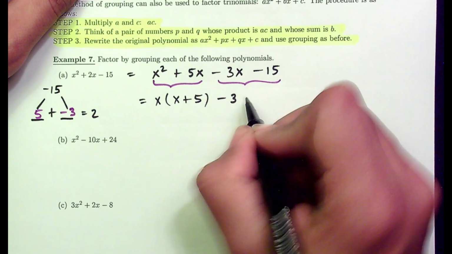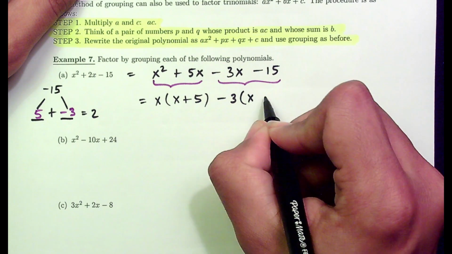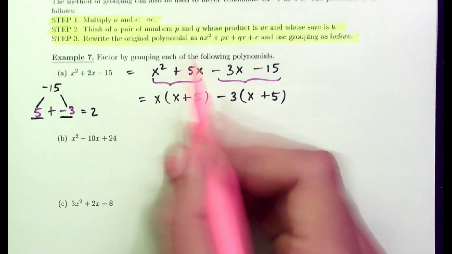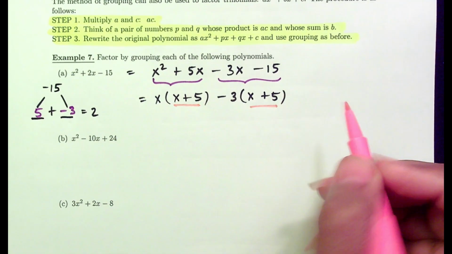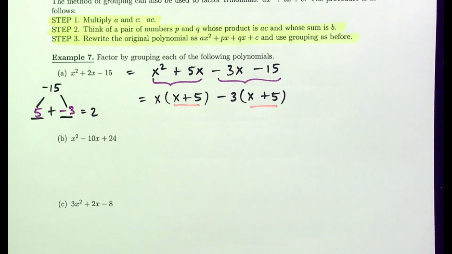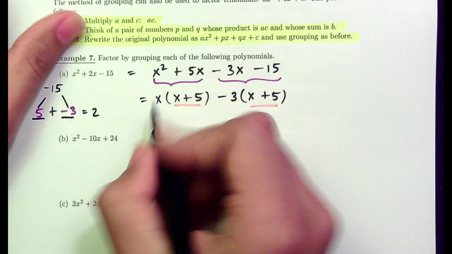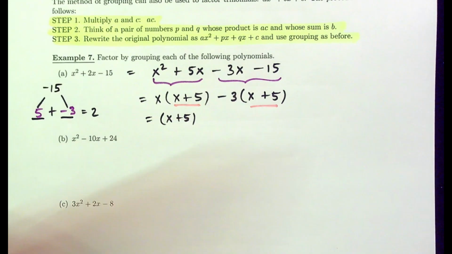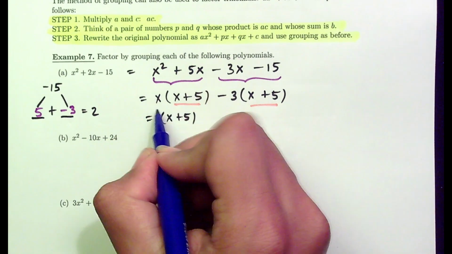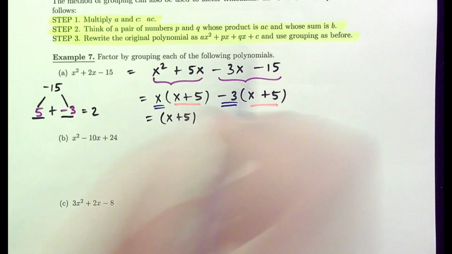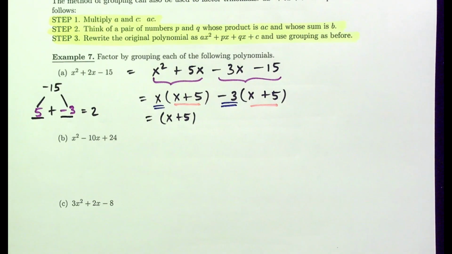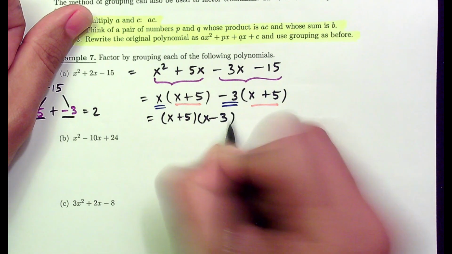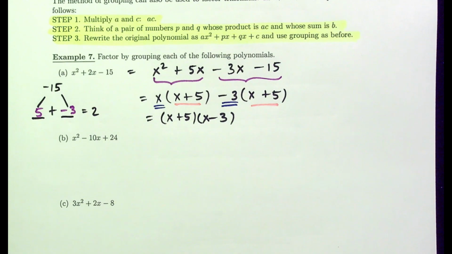Okay, so pull out negative 3, and you're left with x plus 5. And note that you have the same thing, so that's a common factor. x plus 5 is a common factor. Factor it out and write down the leftover. That's going to give you your second factor. So the second factor is x minus 3. And that is the end for that.